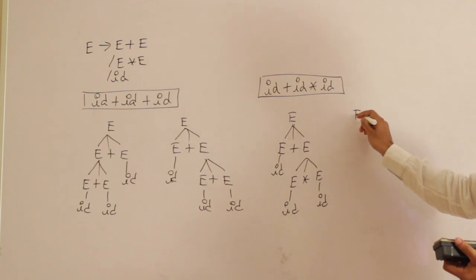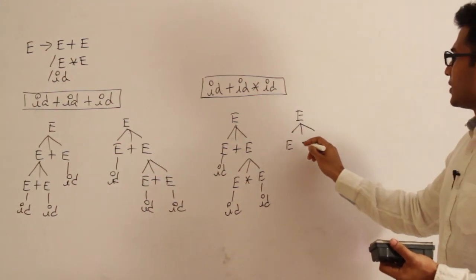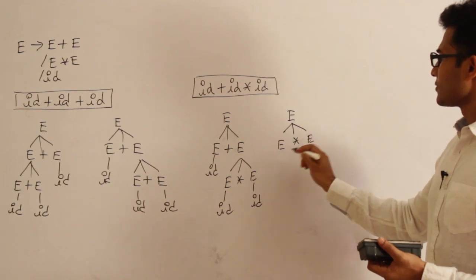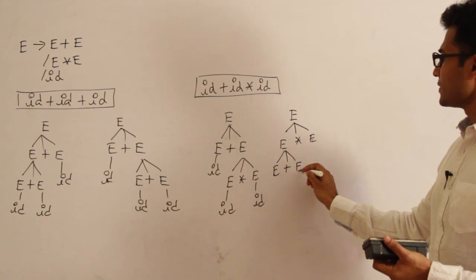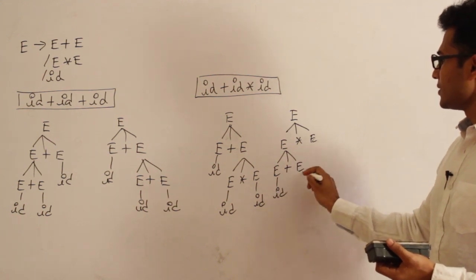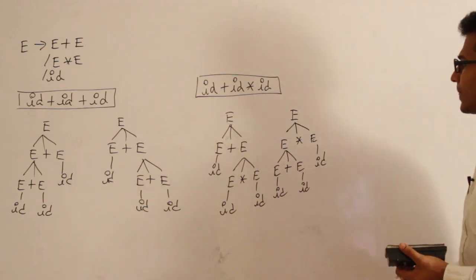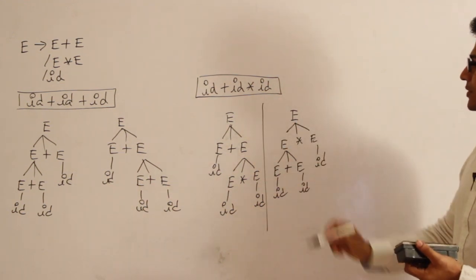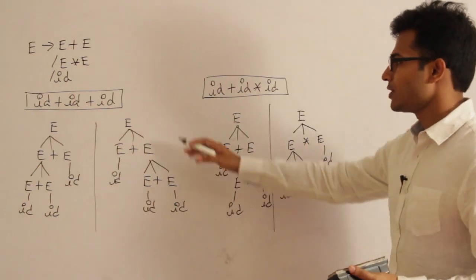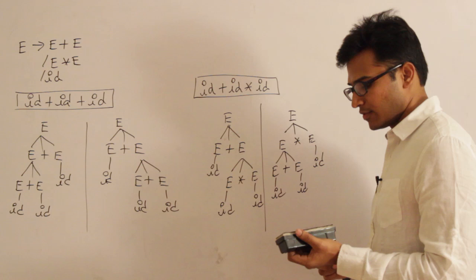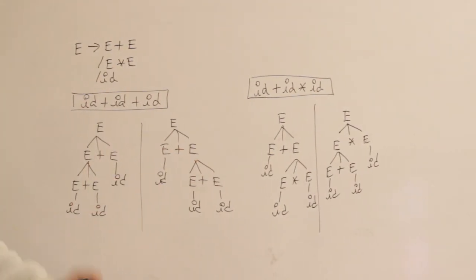So one more parse tree is E derives E star E, and then this E derives E plus E. This is id, this is id, and this is id. Okay, so we got two parse trees here, and we got two parse trees here. So even if we get more than one parse tree for a given string, we can stop there and say that the grammar is ambiguous, which means even here we can say that the grammar is ambiguous.